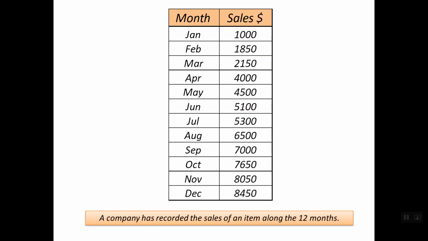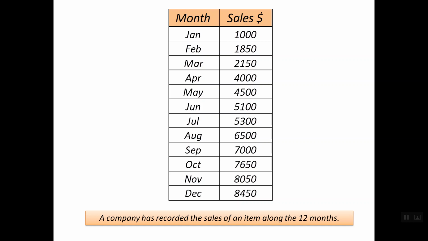Let's understand the concept of the correlation by taking this practical example. We have a company, and this company has recorded the sales of one item along the 12 months, and we have these records. So in this case, we have two variables.